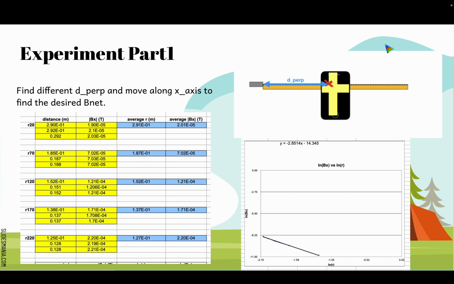For part 1 of our experiment, I would need to find the desired magnetic field by moving my phone alongside the x-axis, and I will record different d perpendicular distances to our Excel sheet.